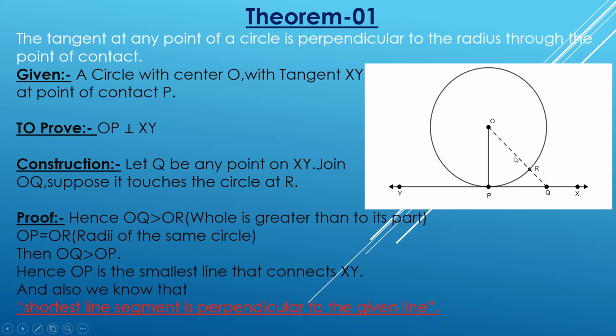OP is the only line segment which is perpendicular to the given tangent XY. That means OP is perpendicular to XY.